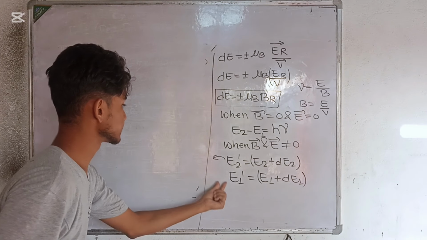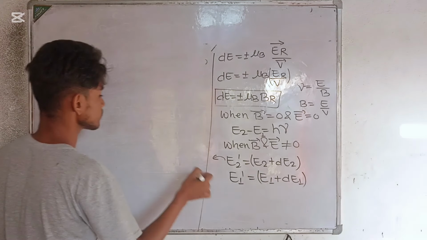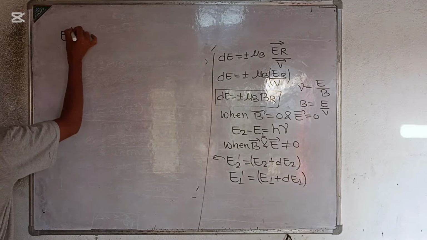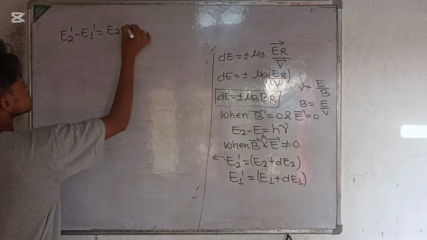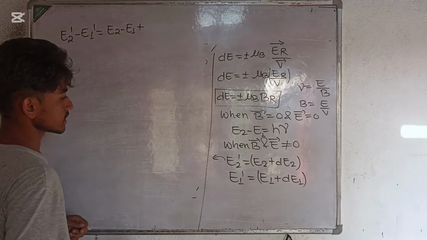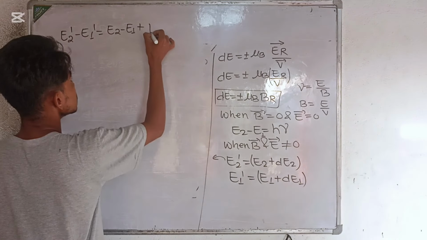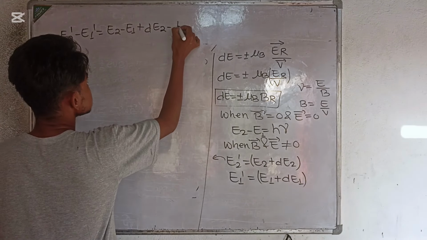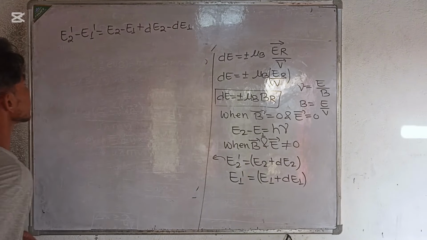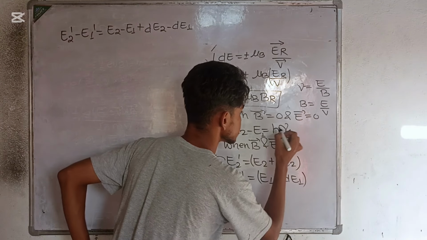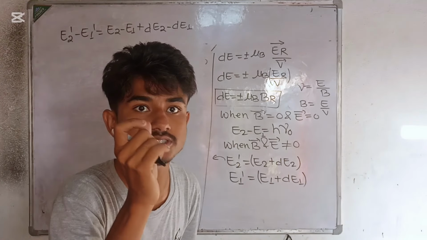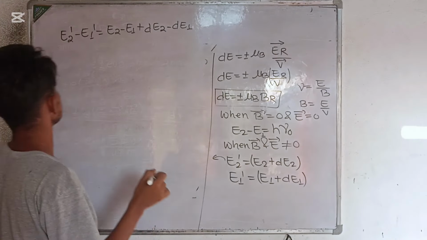So okay, I am writing this here. E2 dash minus E1 dash is equal to E2 minus E1 plus dE2 minus dE1, right? So let us assume this is nu naught. This is a single spectrum, constant frequency photon.